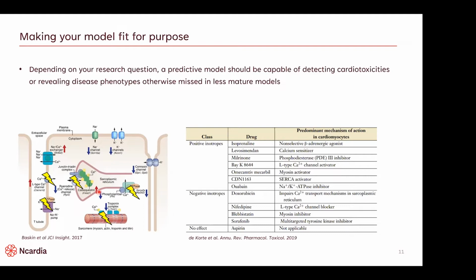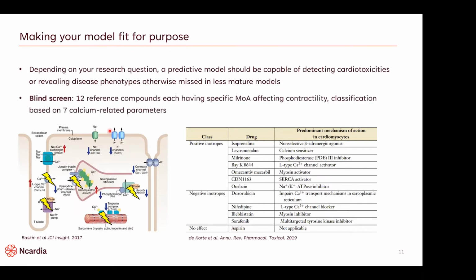Those compounds can be missed in less mature models. So we were interested in all of these compounds, and we did a blind screen of these 12 reference compounds. We based our classification of being a positive inotrope, negative inotrope, or non-effect compound on 7 different calcium-related parameters.